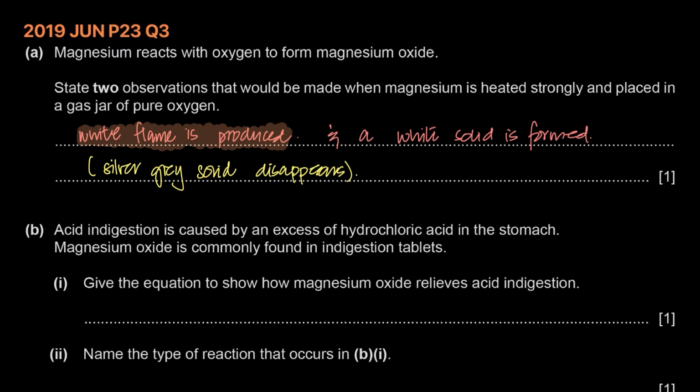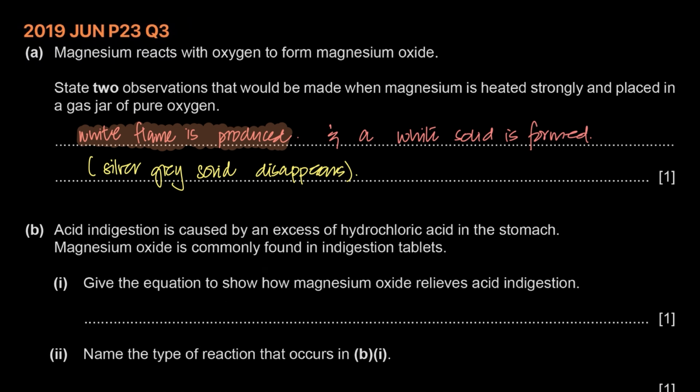Then the next part is about acid indigestion. It's caused by an excess of hydrochloric acid in the stomach. Yes, we have hydrochloric acid in our stomachs. Magnesium oxide is commonly found in indigestion tablets. This magnesium oxide is used to neutralize hydrochloric acid in our stomachs, which then helps with the indigestion.